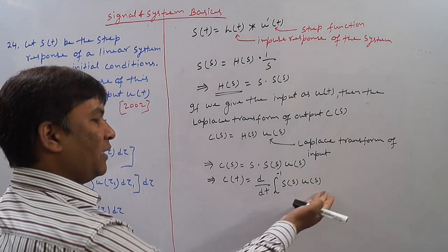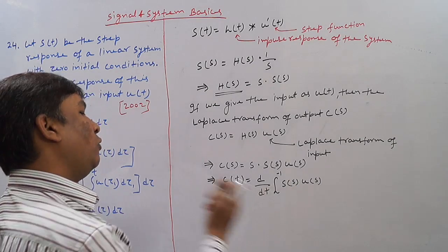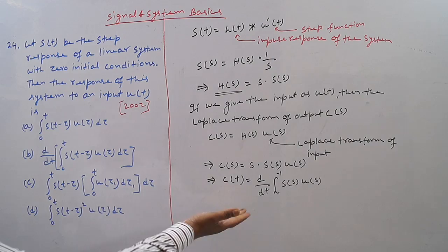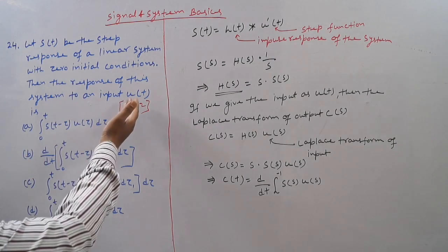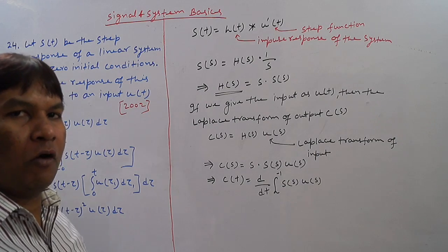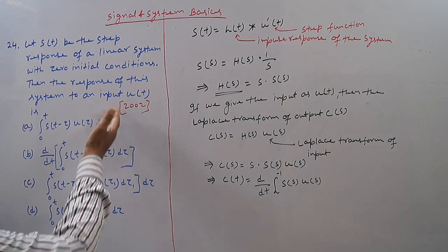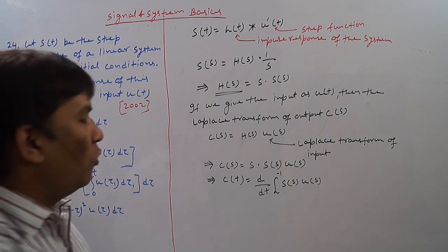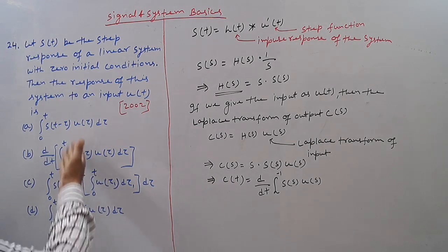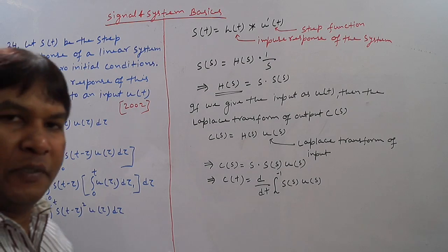It is nothing but the convolution of s(t) into u(t). Since u(t) is a causal input, the integration will be from 0 to t instead of minus infinity to infinity.